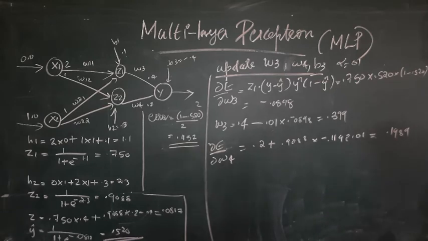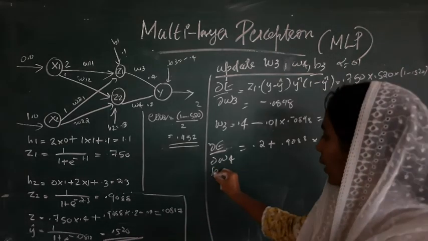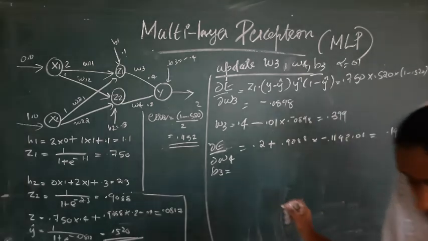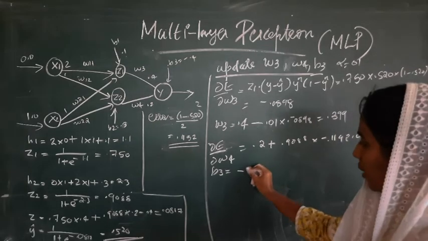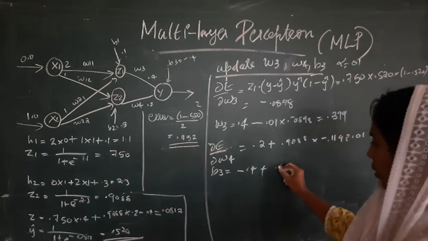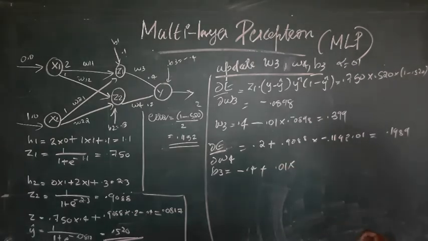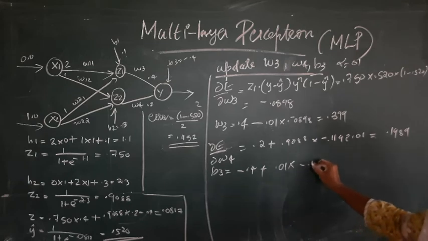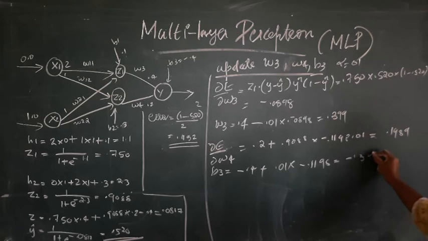Similarly for bias also you have to do this and you will get the new value of B3 as the old value of B3, that is minus 0.4, plus, doing the computations, you will get 0.01 into minus 0.1198, which is minus 0.3988.